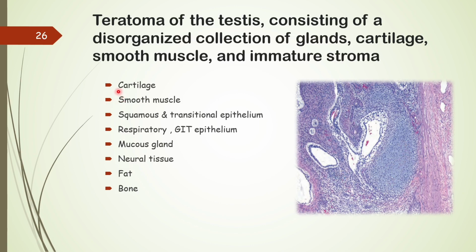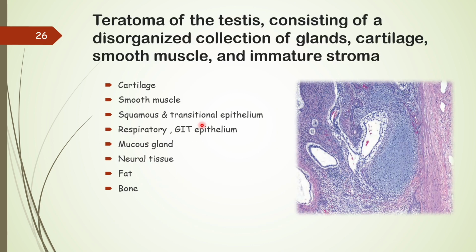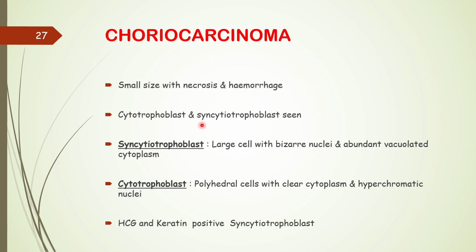It can contain cartilage, smooth muscle, squamous epithelium, transitional epithelium, respiratory and GI epithelium, mucous gland, neural tissue, fat, bone. All types of tissue can be present because they are arising from more than one germ cell layer. They can arise from ectoderm, endoderm, or mesoderm. They could contain elements from all these germ cell layers. That's why it is a teratoma, right? All right. So that was about the teratoma.